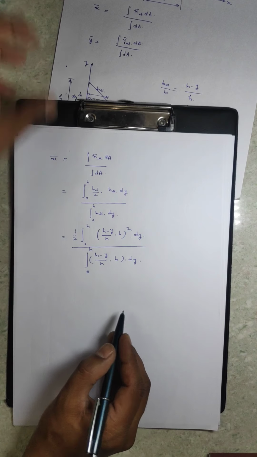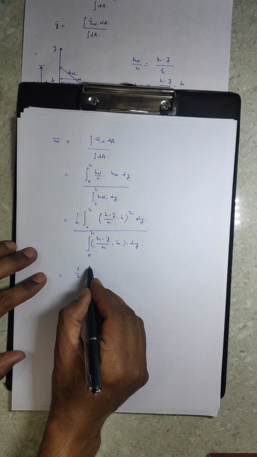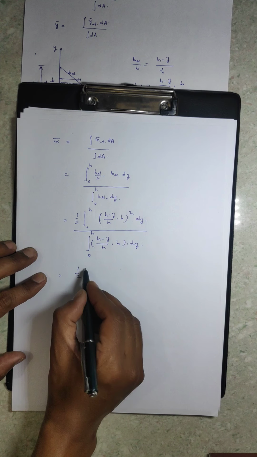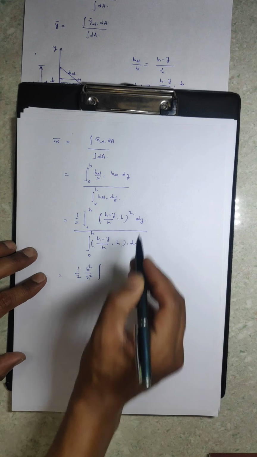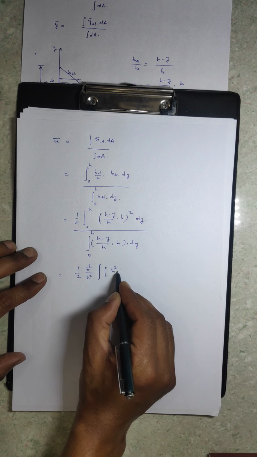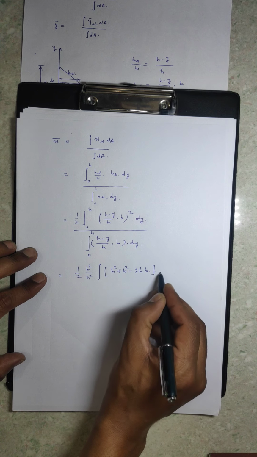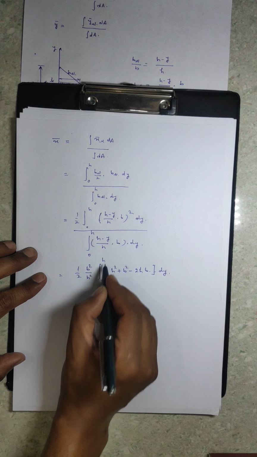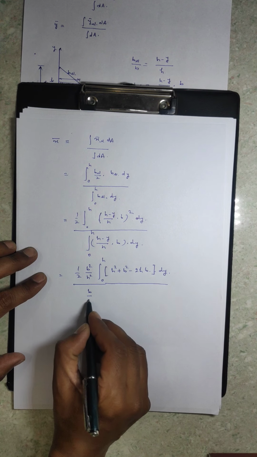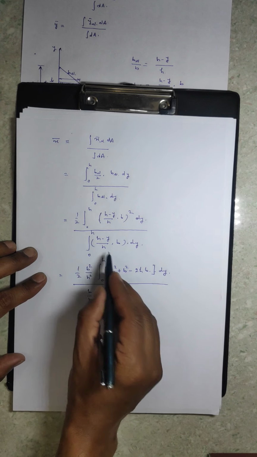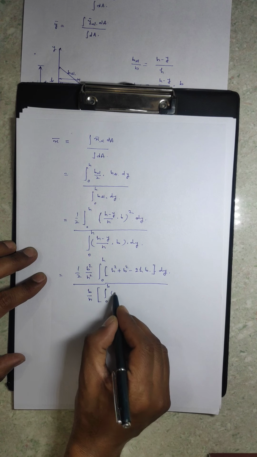Solving by integrating, we have half, take b by h square outside, b square by h square, integrating (h minus y) whole square, expanding it, divided by b by h outside, in brackets integration of (h minus y) dy, 0 to h.